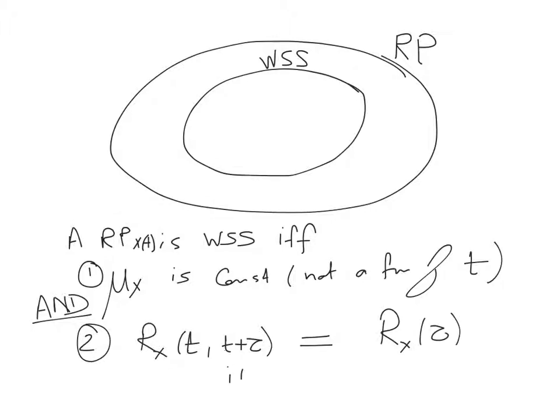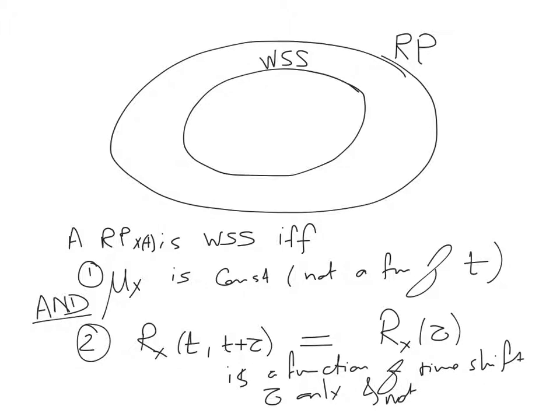So it's a function of the time shift tau only, and not a function of time t. Basically, if this is my time scale, and I pick a point at t and another point at t plus tau, and I get the autocorrelation between those two, it will give exactly the same autocorrelation as if I calculate it between some t1 and t1 plus tau.